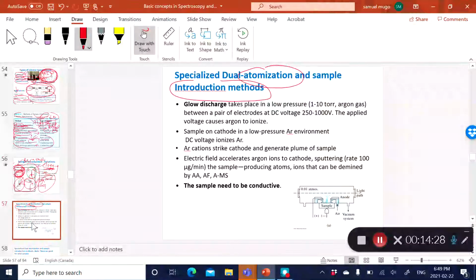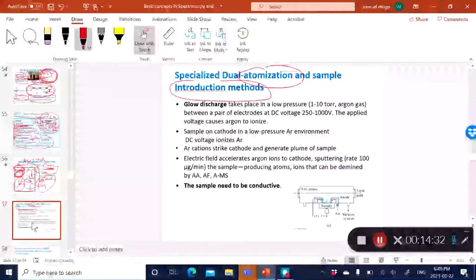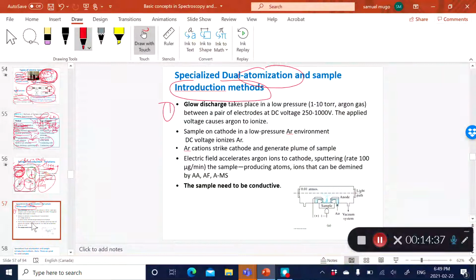And one example of a system that can actually do both sample introduction and atomization is what you refer to as a glow discharge. This picture shows you the glow discharge lamp. Really, it's a lamp.